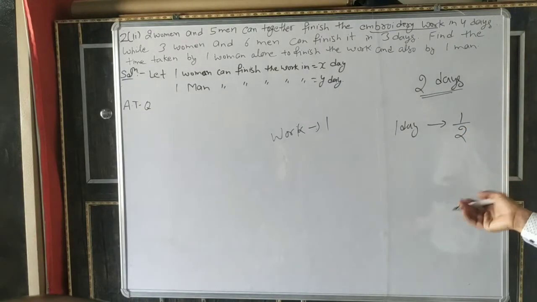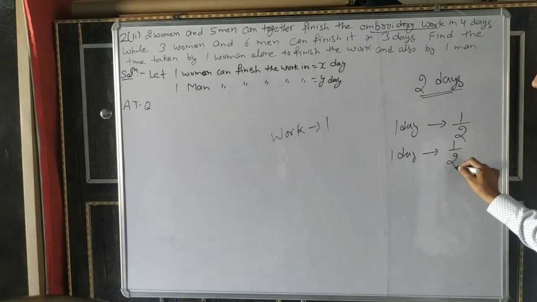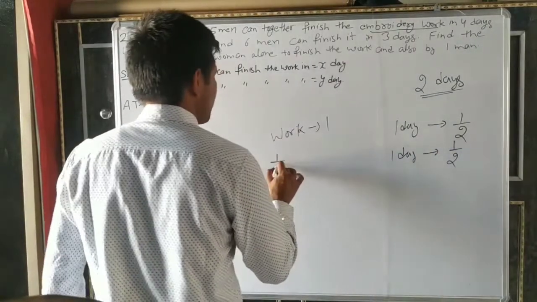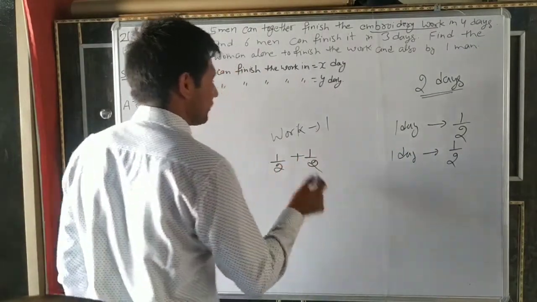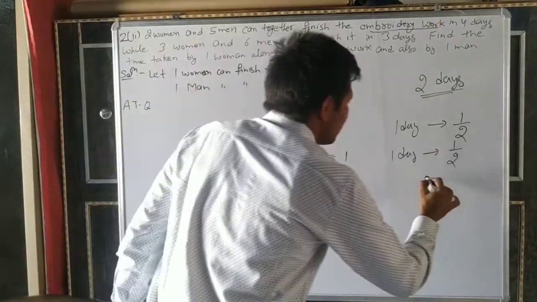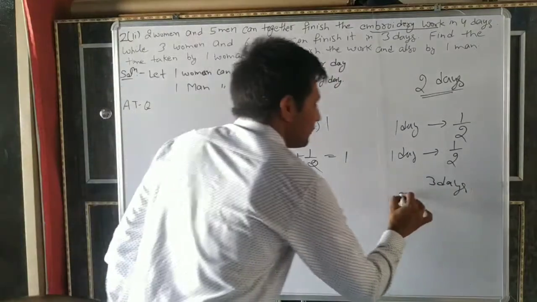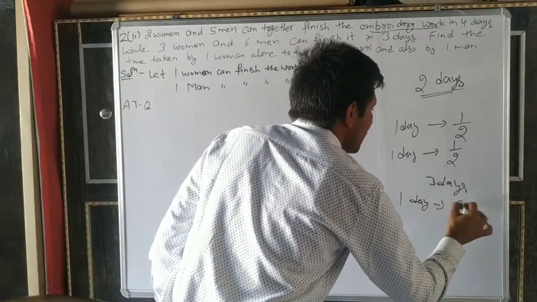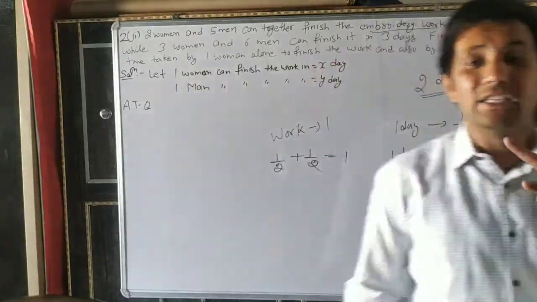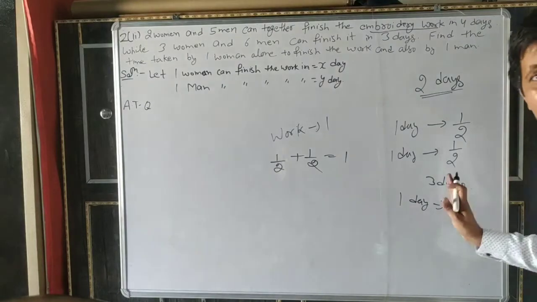It is very simple. And on the next day also, you will finish 1/2. Again, the next day also you will do half work. So half plus half, how much total work? It becomes 1 work. Same way, if you can finish a work in 3 days, in 1 day how much work will you finish? 1/3 part of this work.